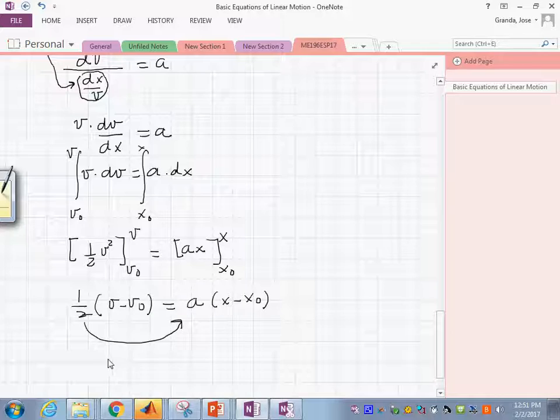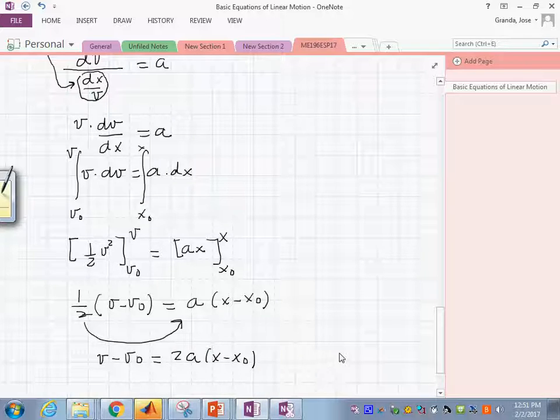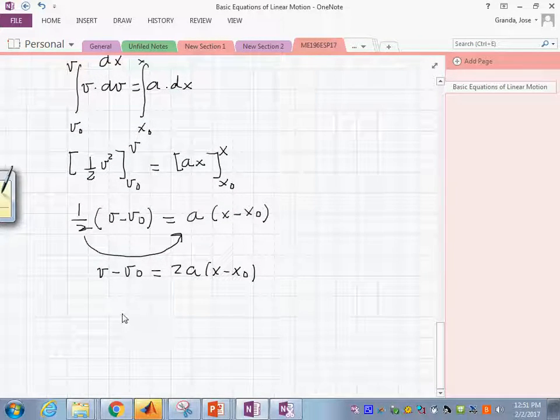So in this case, you have an expression for the final velocity based on the initial velocity plus the initial position. See? So this is the other equation of motion.